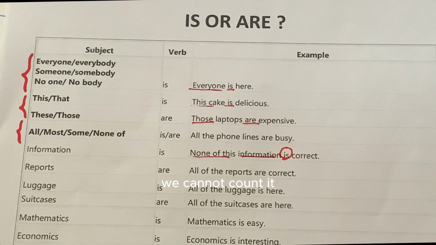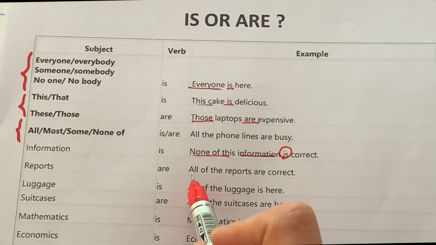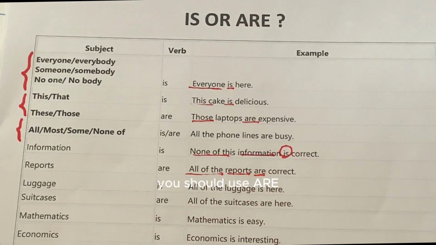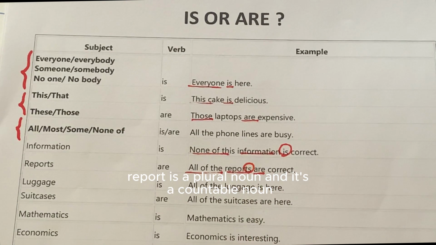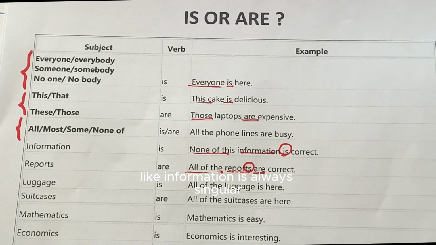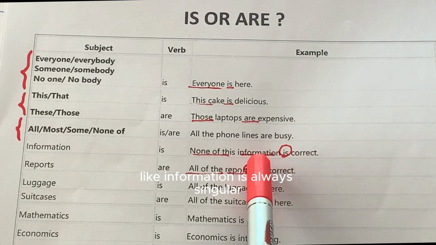We cannot count it. But if we look at this one, all of the reports, you should use are. Reports is a plural noun and it's a countable noun, something we can count. So the countable nouns are plural or singular, depends what we are talking about. Keep it in mind, the uncountable noun like information is always singular.